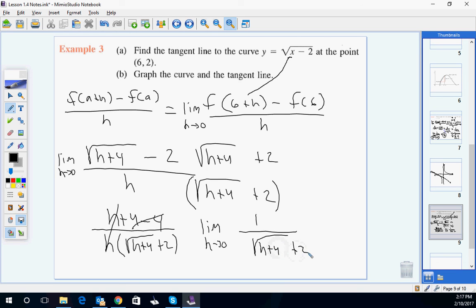That's what we have on the bottom now. Now we can evaluate that limit. If you plug a 0 in here, 0 plus 4, square root of 4 is 2. 2 plus 2, 4. 1/4 is my slope of my tangent.